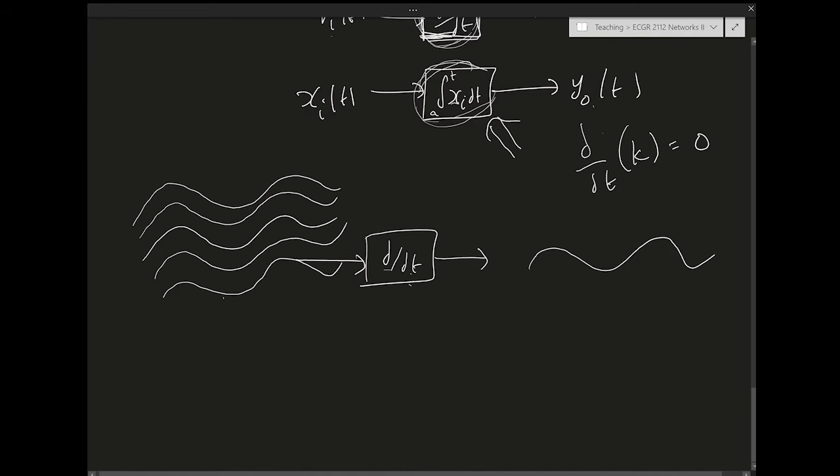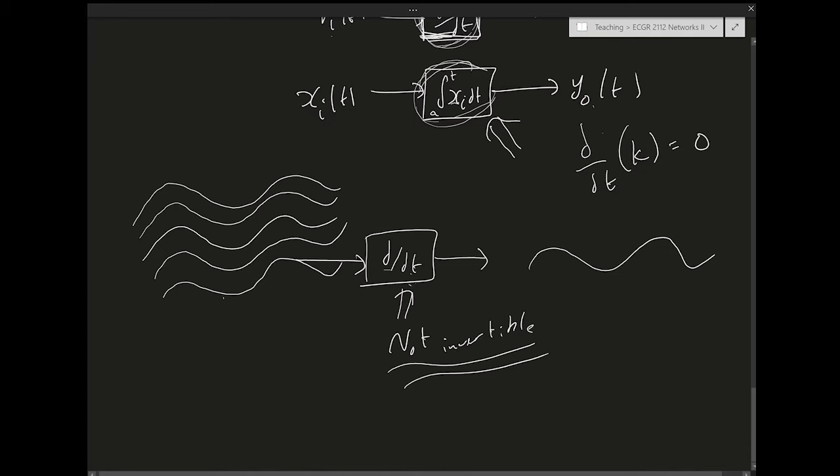So this is a big problem right now. This tells me that d by dt by itself is not invertible, right? Because this is not invertible, it complicates finding the input from the output.